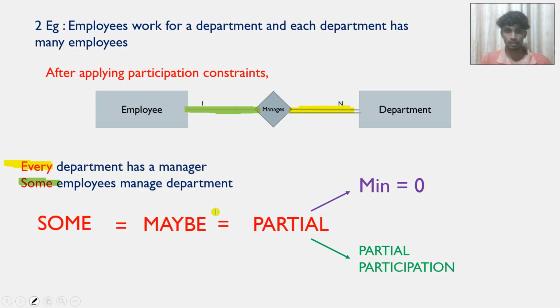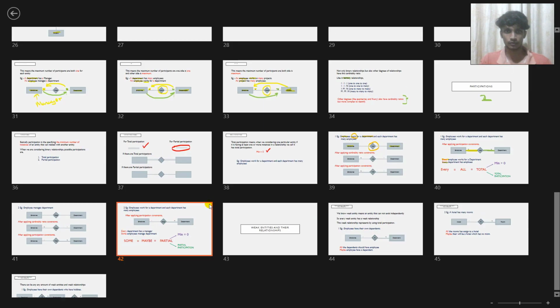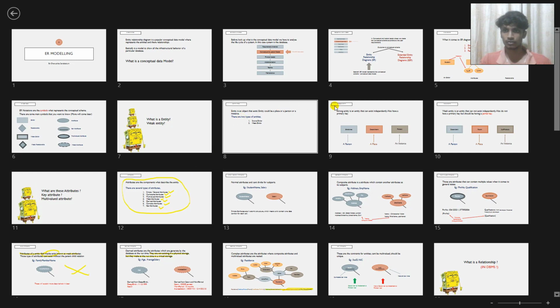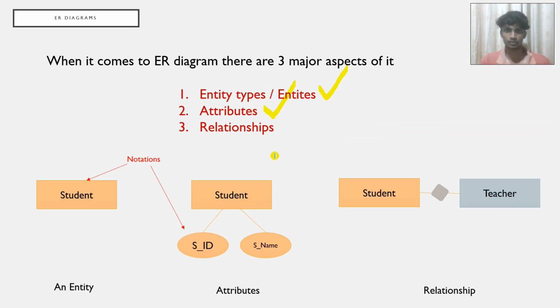Okay, I think for now we have discussed most of the facts related to the ER diagram. So let's see this one. We have just finished relationships. In the first video I described the facts you should know about entities.